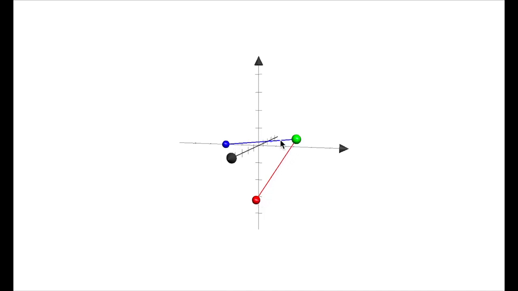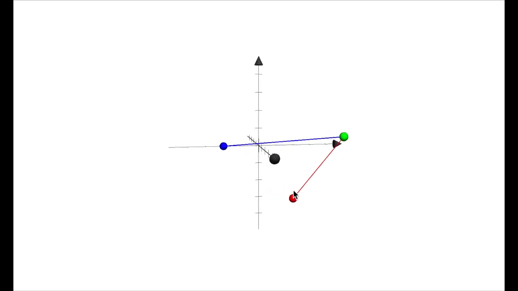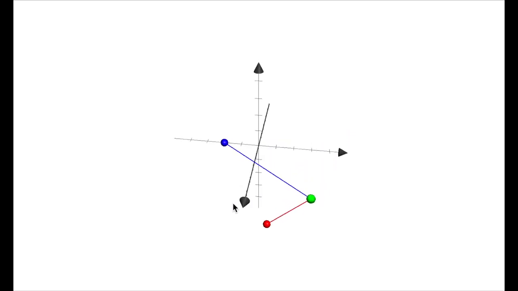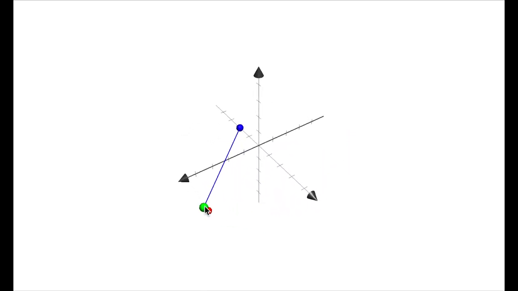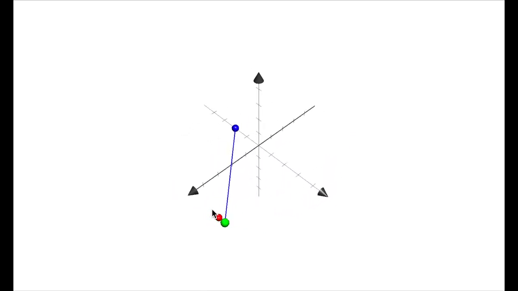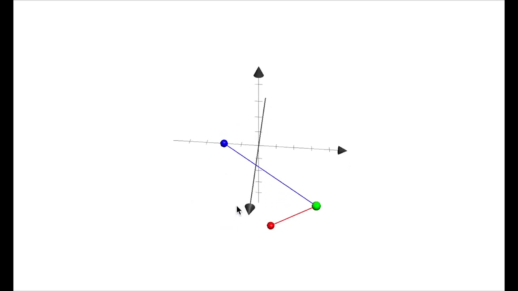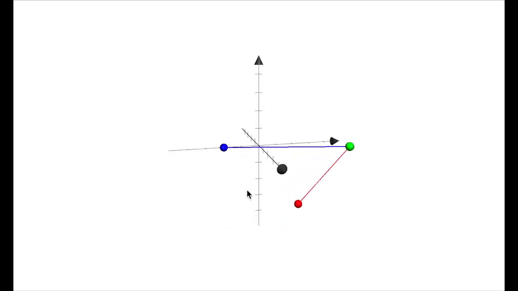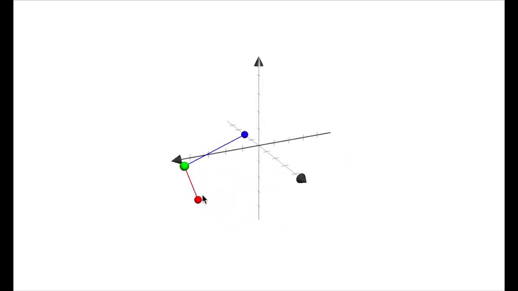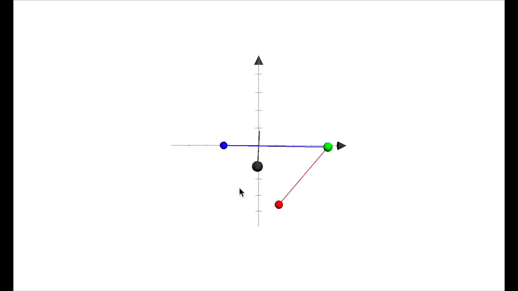And once we have these two vectors, we can cross product them to find a third vector that's going to be perpendicular to the plane. We can see how those vectors are going to lie in the same plane, and we want to find a third vector that is perpendicular to the plane that contains all three of those points.